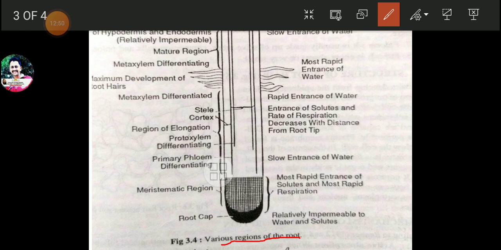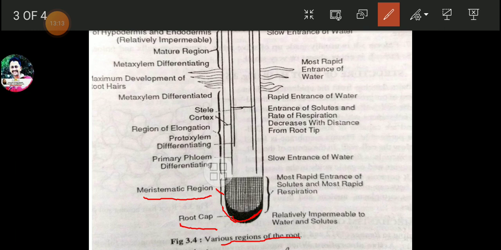Here at the tip of a root there is a dark thick layer, that is the root cap. Just behind this root cap we can find the meristematic region.